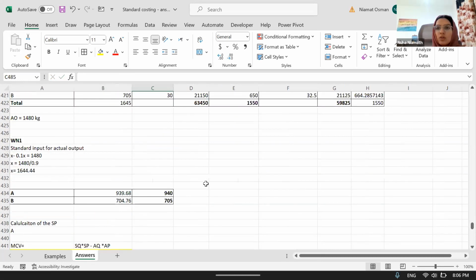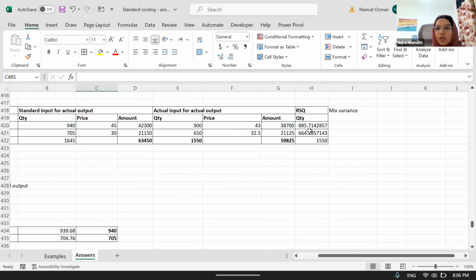And this is, what do you think? It's adverse or favorable? Revised standard quantity is 885. We have ended up using 900. Better or worse? Favorable or adverse? Hello?